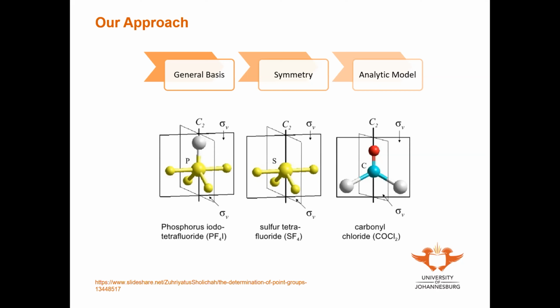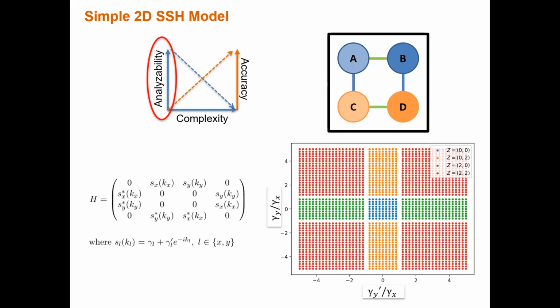For example, we might like to represent all of the C2 or D4 symmetry groups. From this, we would then like to derive a very nice analytic model. As we said, for topological insulators, we would really like something very easily analyzable.